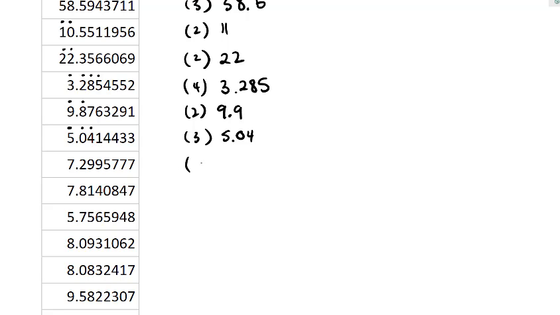Okay, let's go to 3 significant figures, so 1, 2, 3, and then this is the tricky one. So because this is going to round up, it's going to make it 10 hundredths, which will then change this one to be another tenth.